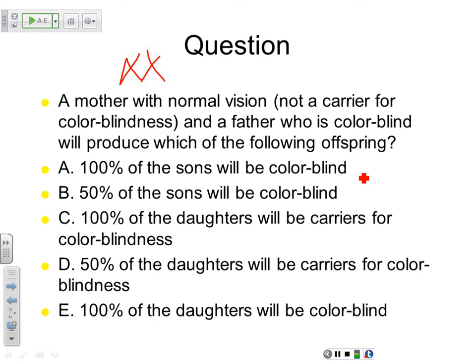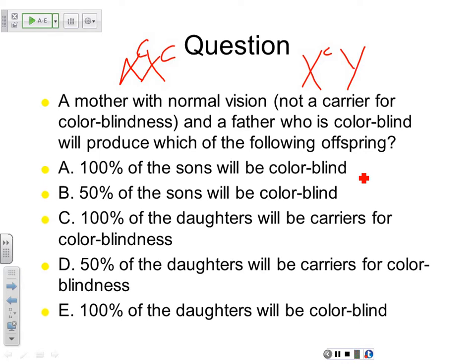And then the dad, who is colorblind, must have a small c. Since she's not a carrier, we know exactly what's going on. And then, of course, the Y doesn't do anything. That's why the father is colorblind, because he has the recessive on the X.